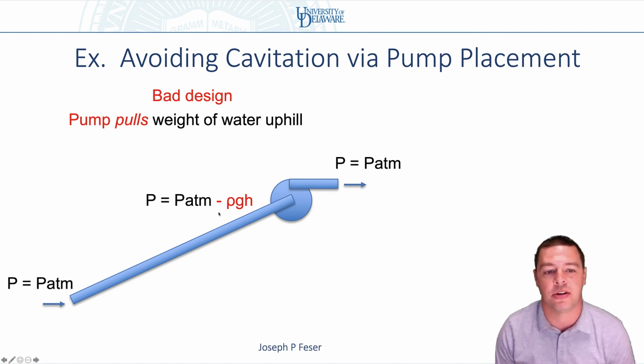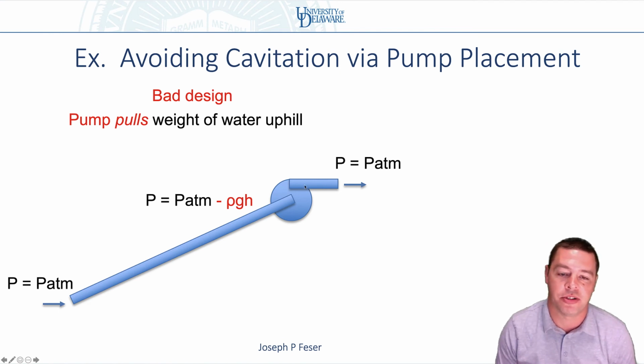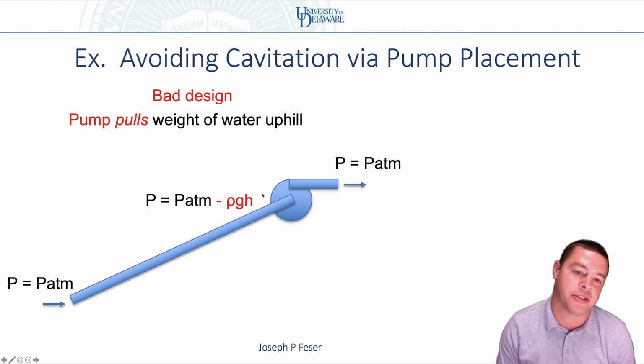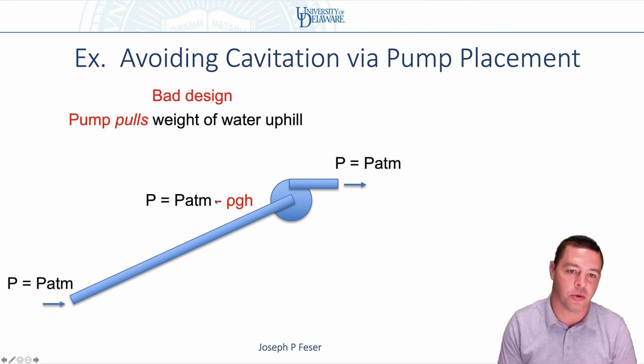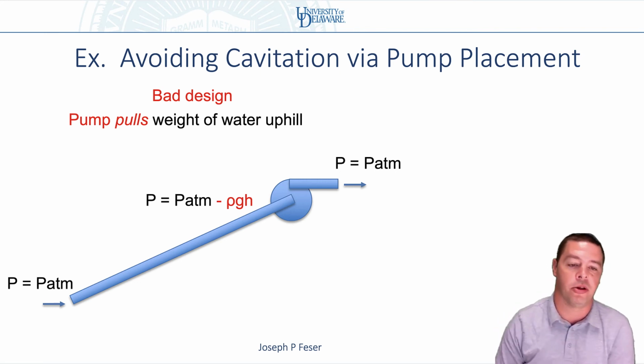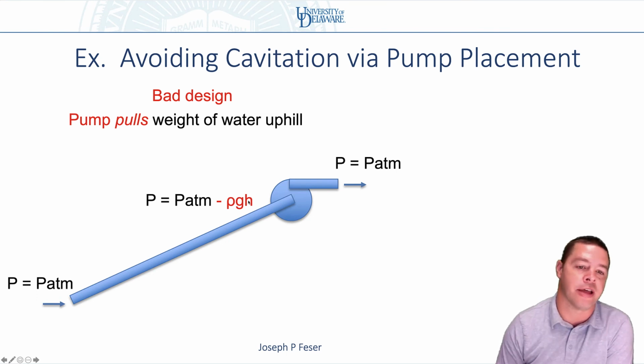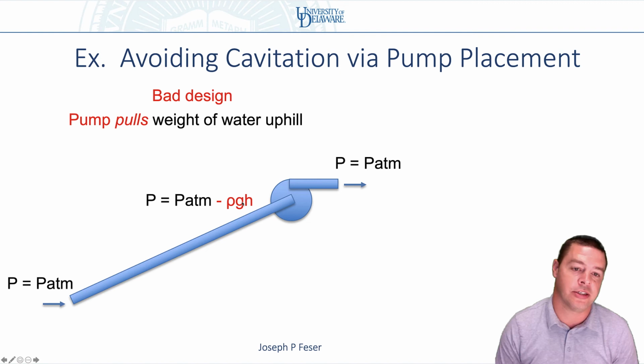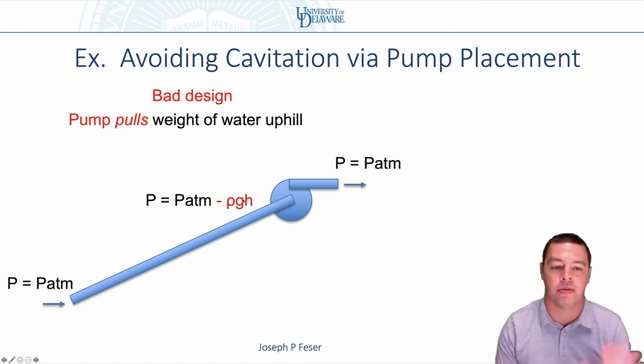In this case, the inlet has a pressure of atmospheric pressure minus some amount that has to do with the weight of the fluid you're trying to pull uphill. We'll learn later that amount of pressure is equal to rho, the density, times g times h, but for the moment, forget about it.